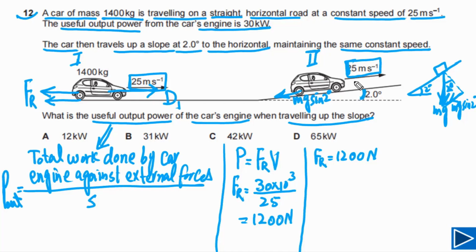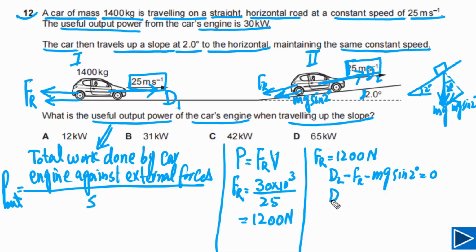Now from here we can find out the driving force. There are two forces on this car: one is Fr and the second one is mg sine of 2 degrees. So we can find out the driving force, meaning the force exerted by the car engine. Let's say that is equal to D2. So D2 minus Fr minus mg sine of 2 degrees has to be equal to 0 because the car is still traveling at constant speed.